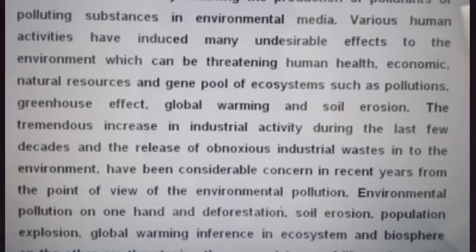Environmental pollution on one hand and deforestation, soil erosion, population explosion, global warming, interference in ecosystem and biosphere on the other are threatening the very existence of life on the earth. Our dependence on nature is so great that we cannot continue to live without protecting the earth's environmental resources.